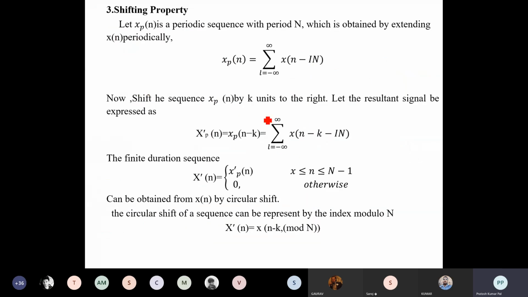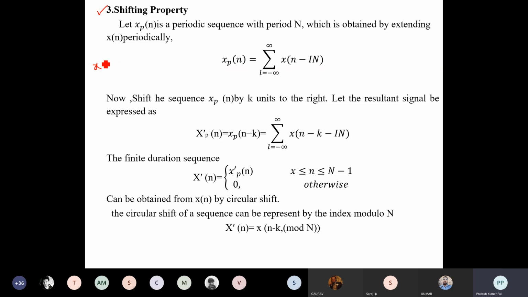The next one is the shifting property. Shifting here is shown basically by the circular shift. What happens in case of the DFT, if any sequence is there, is that this shifting property is also called the circular shift property.